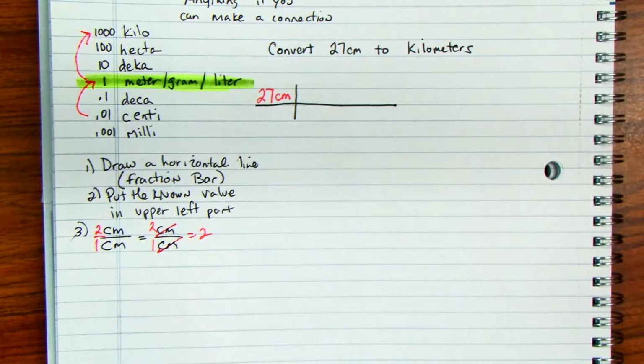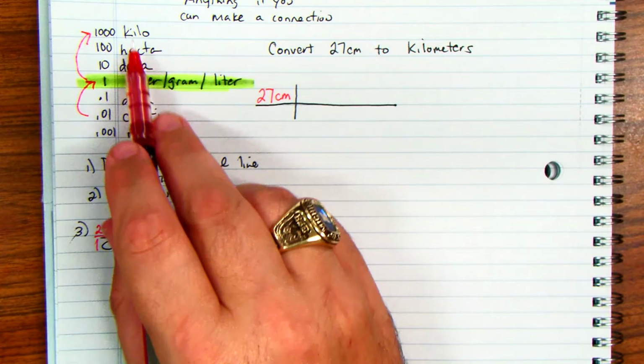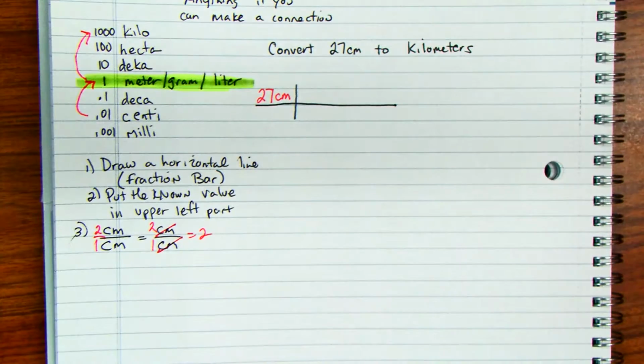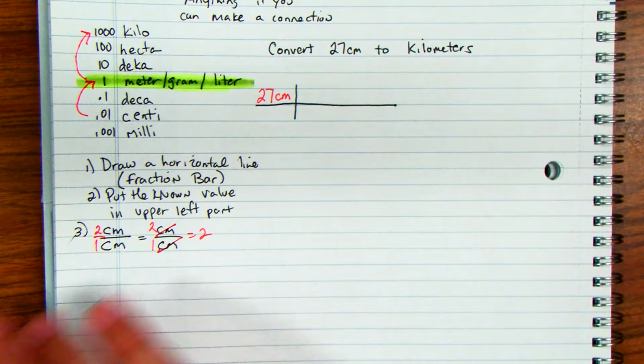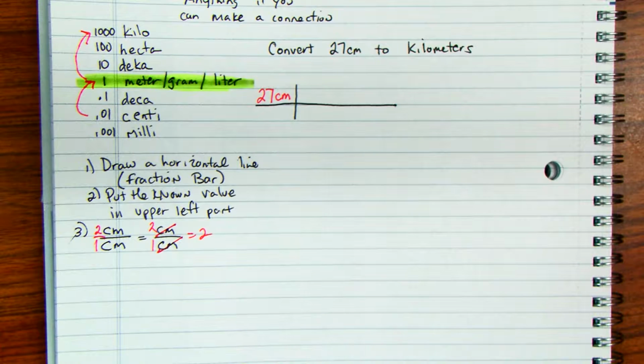And you might say, well, all I have to do is count 1, 2, 3, 4, 5, move decimal places over, and I'm good to go. Well, like I said, this is a better method because it is easy to expand to basically every type of conversion that we're going to do.